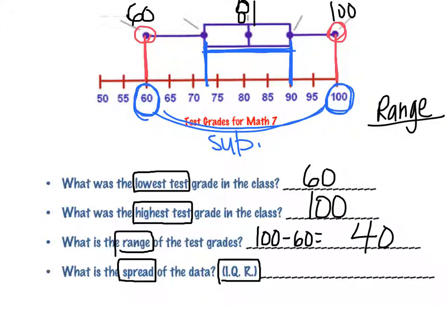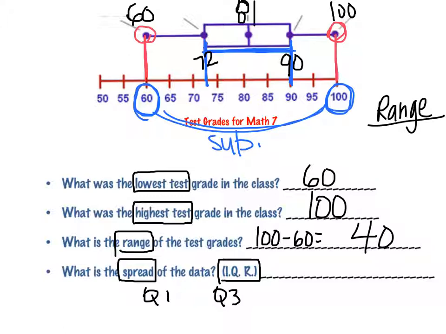Another way we said to think about this is we are going to take Q1 and Q3 and we are going to subtract. So Q1, this looks like it's pretty close between 70 and 75. So I'm going to go with 72. If you want to say 73, that's fine. But then the Q3 perfectly lines up with 90. So I'm going to go ahead and fill that in as 90.